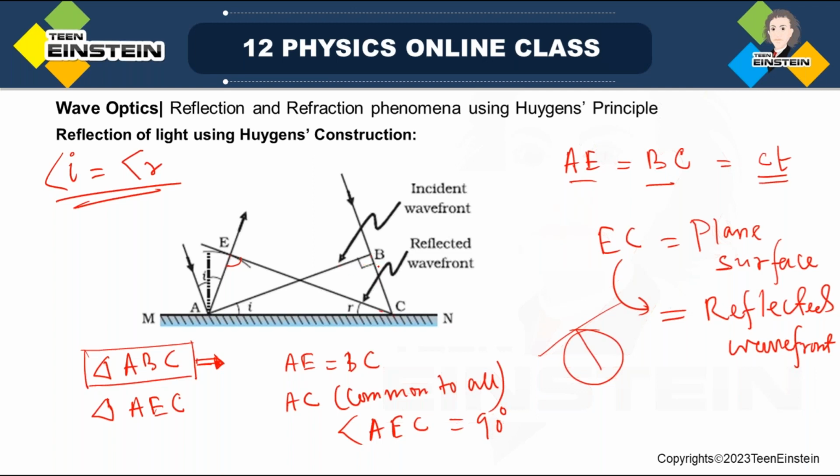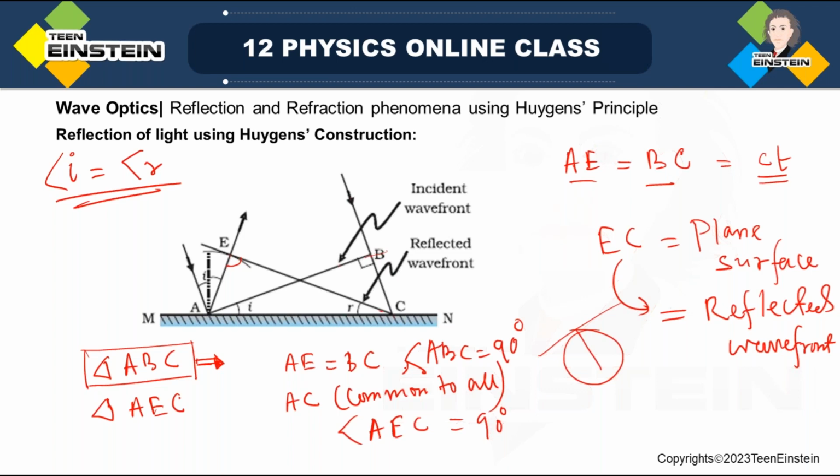What about angle ABC? This angle will also be 90 degrees, because this is a ray and this is the wavefront AB. So AC we can take as a ray, and AB we can take as a wavefront, and the wavefront and the ray are always perpendicular to each other. So angle ABC will be 90 degrees.